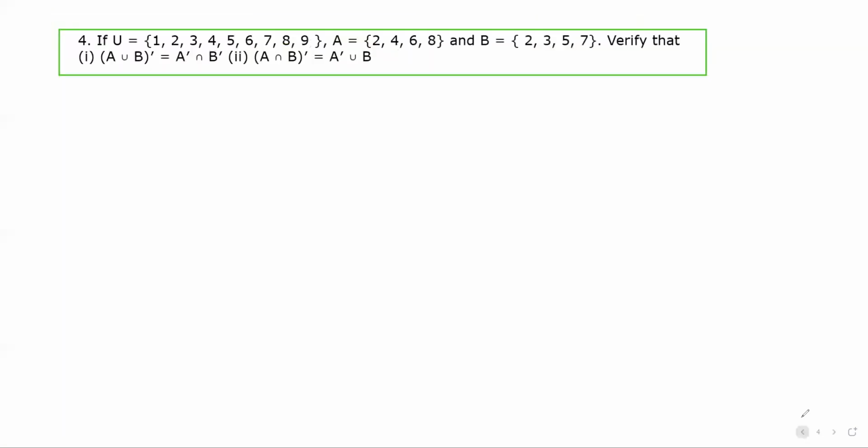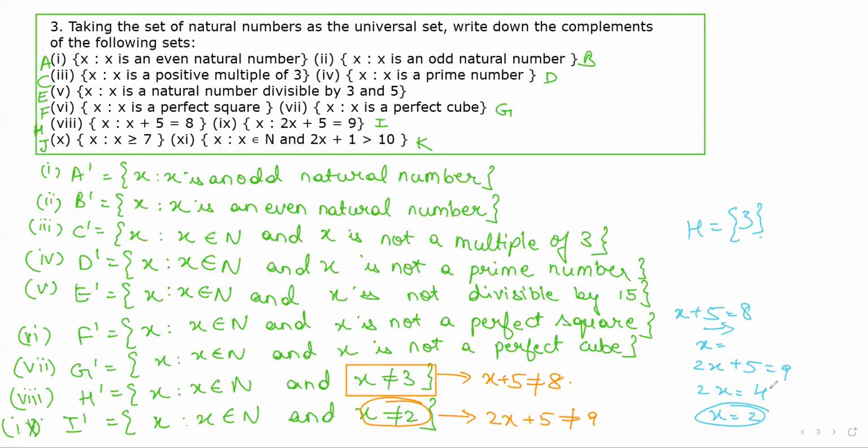Next, 11th, x is a natural number and 2x plus 1 is greater than 10. Sorry, yeah. So 11th, x is a natural number.